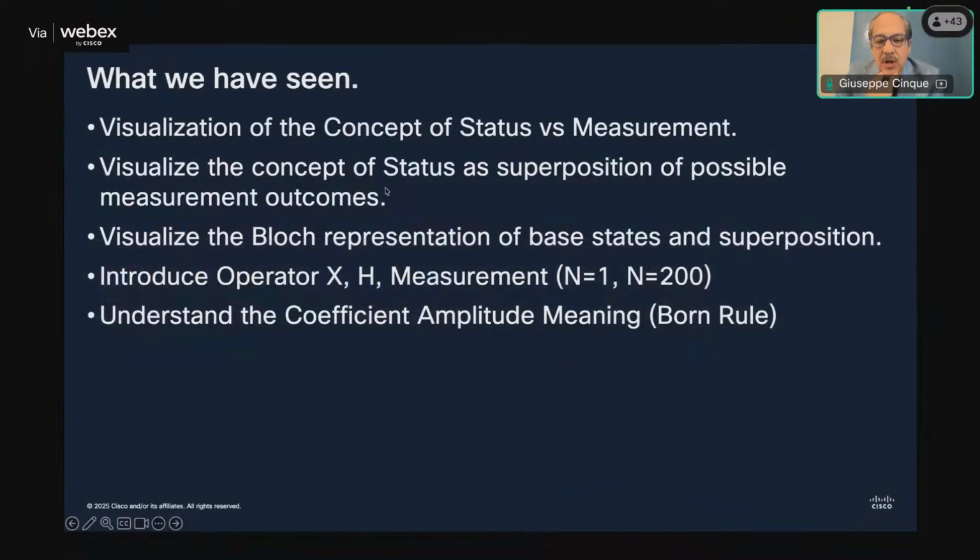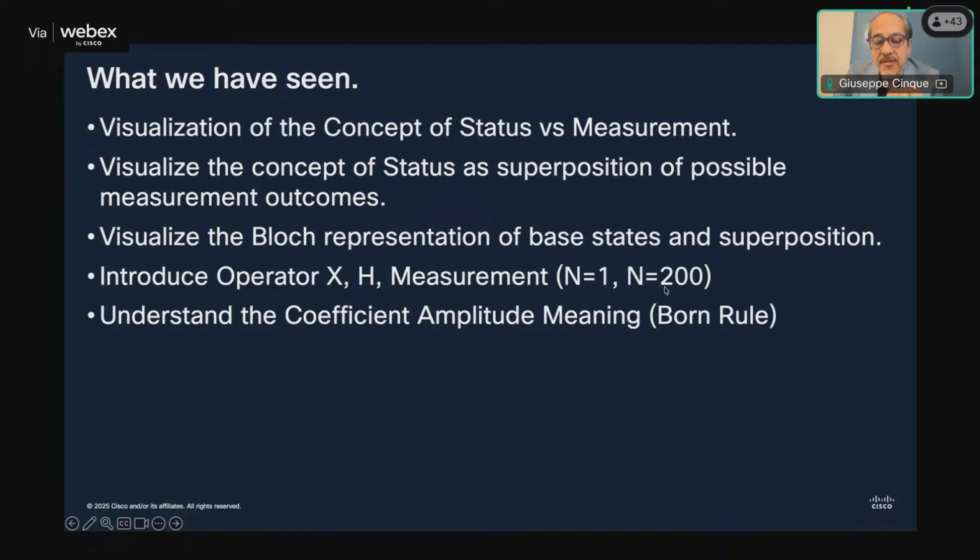So we have seen the concept of superposition of possible outcomes. We have seen a Bloch representation, that is this abstract sphere, you may think of as a mathematical abstraction. And we have also introduced some operators like the X, that is the NOT, and the H, the Hadamard, which is very important because it puts the qubit in a complete 50-50 superposition of 0 and 1.